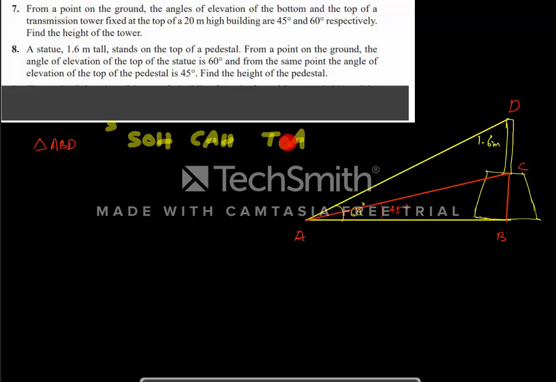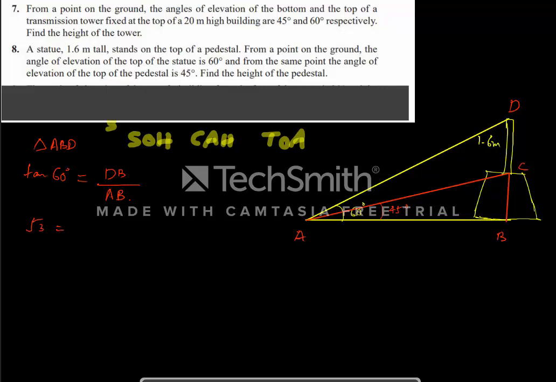Opposite and adjacent is in tan. So in triangle ABD, tan 60 degrees is equal to opposite, that is DB, divided by adjacent, AB, right? And tan 60 is root 3, right?